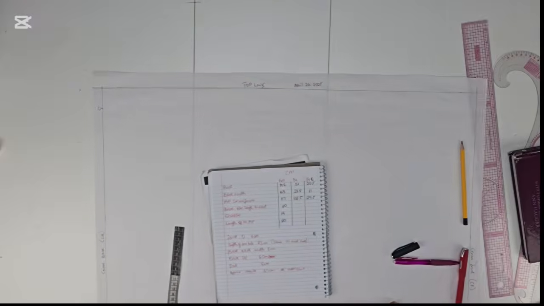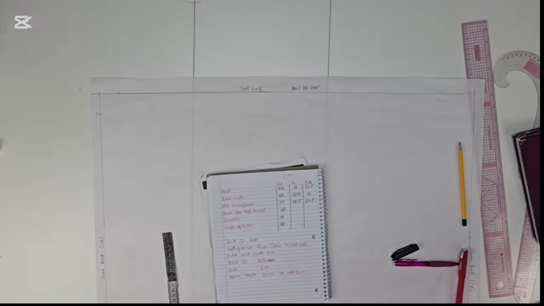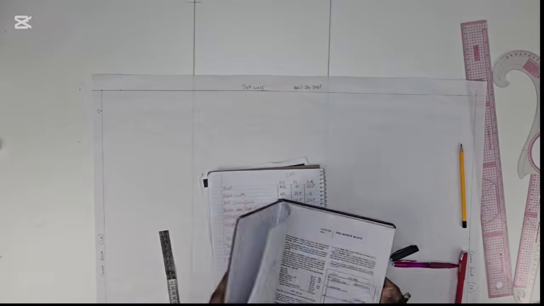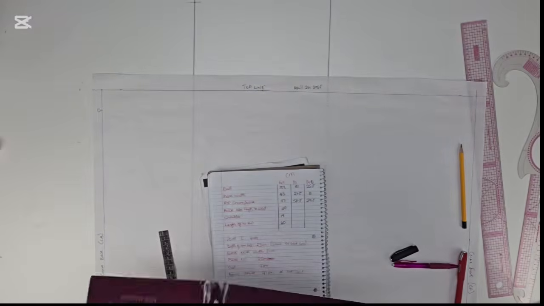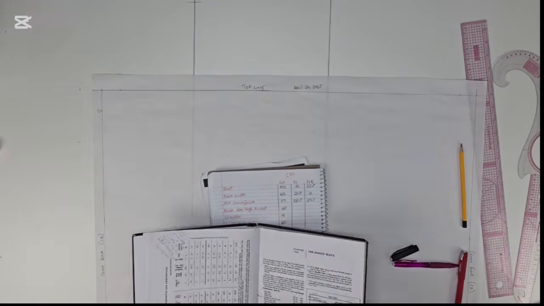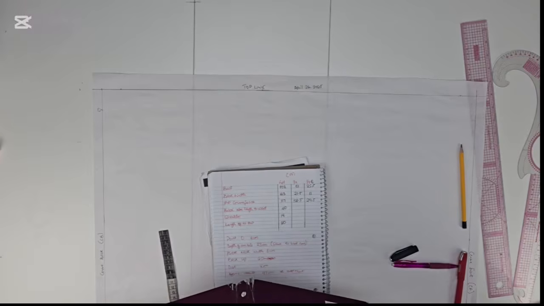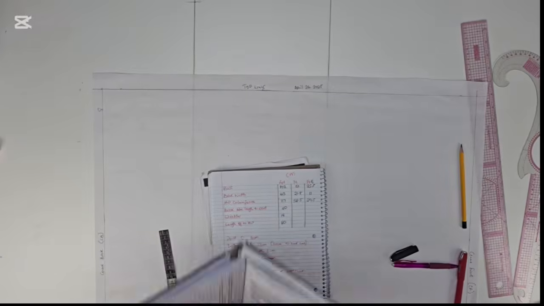Then we are told to do our back line as well. I will keep coming back here, so in case you have this book, you know where I'm getting my information from, or in case you wish to purchase this book. Let me advise you that this book, I'm not advertising for them, is the best book to get if you want to be a pattern drafter. With this book, you can draft a pattern for any individual, however big or large or small they are. You would be able to draft their pattern accurately using this book.